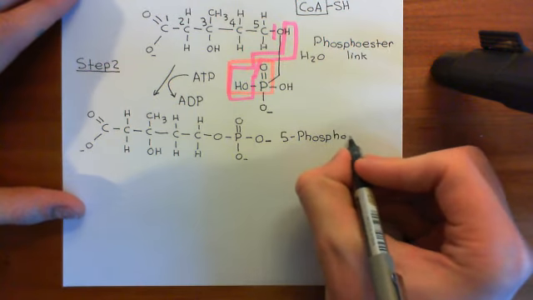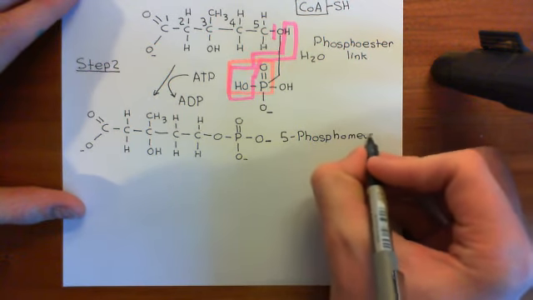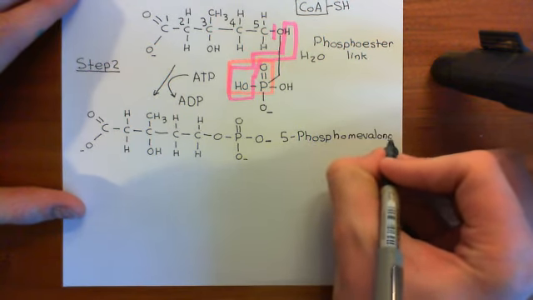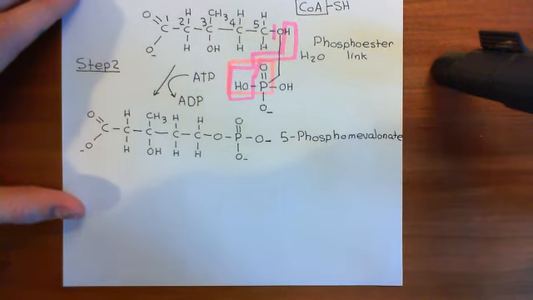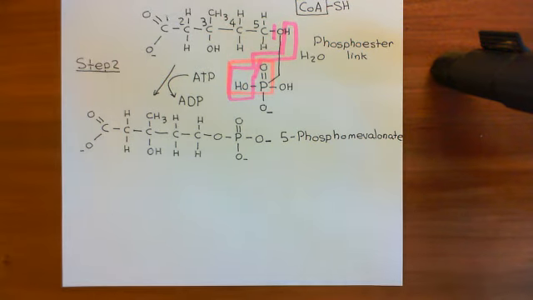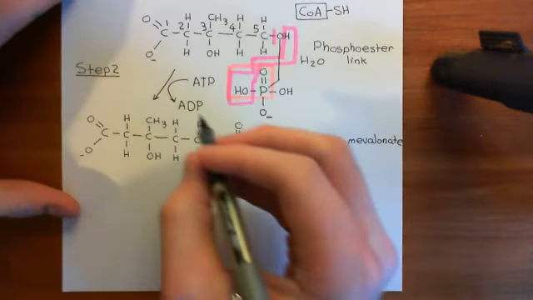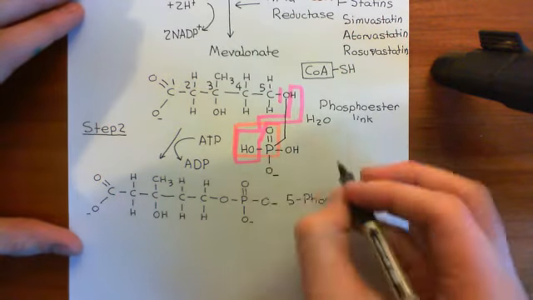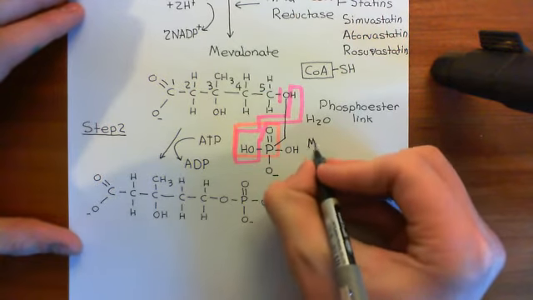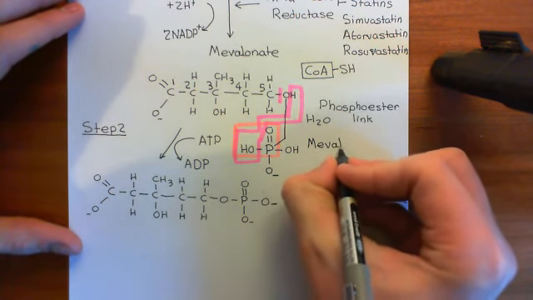So this is 5-phosphomevalonate. And the enzyme which catalyzes the conversion of mevalonate into 5-phosphomevalonate is mevalonate 5-phosphotransferase.